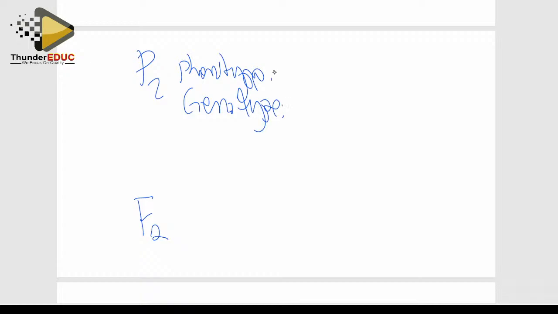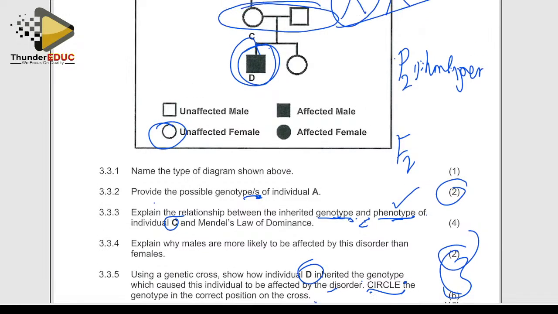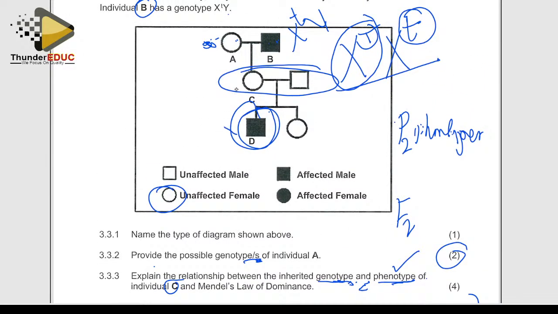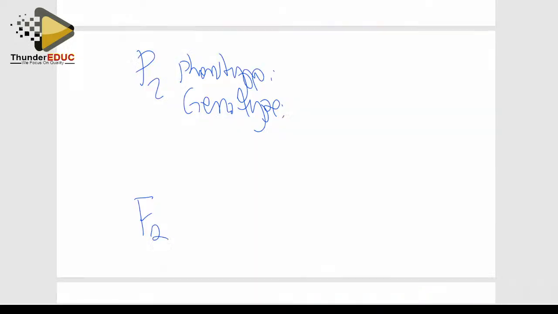Remember now these are the parents. So it's going to be a normal female crossed with a normal male.